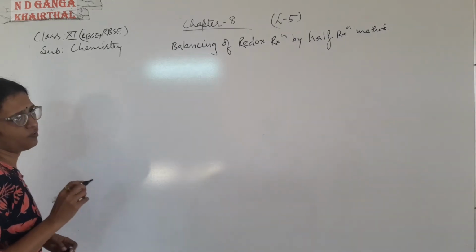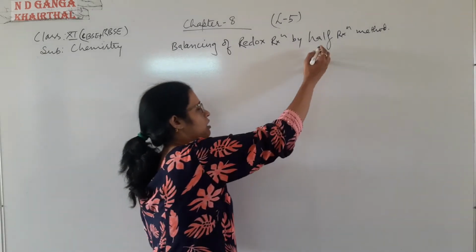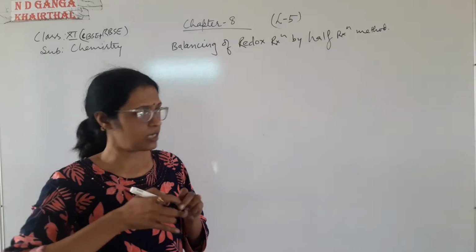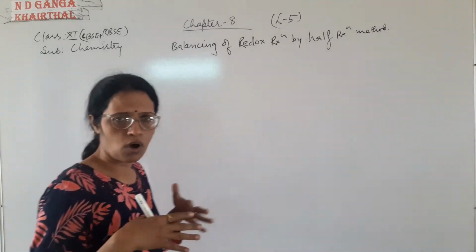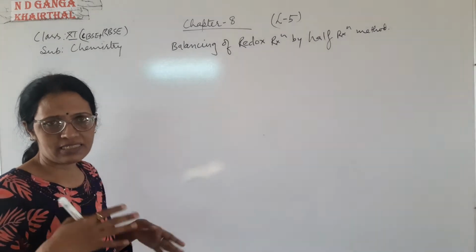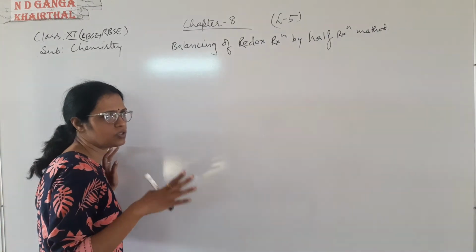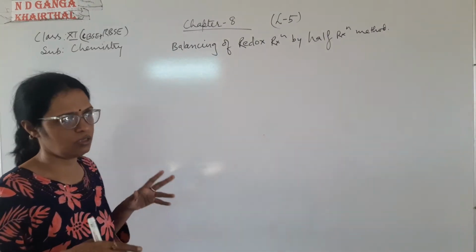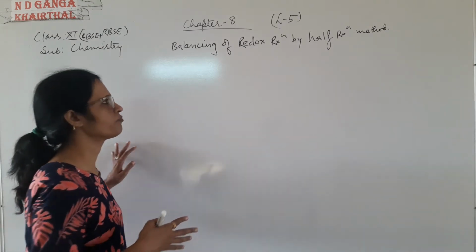In this method, we first divided a reaction into two parts, two half reactions. Then we balanced the atoms except hydrogen and oxygen on both sides of the arrow.